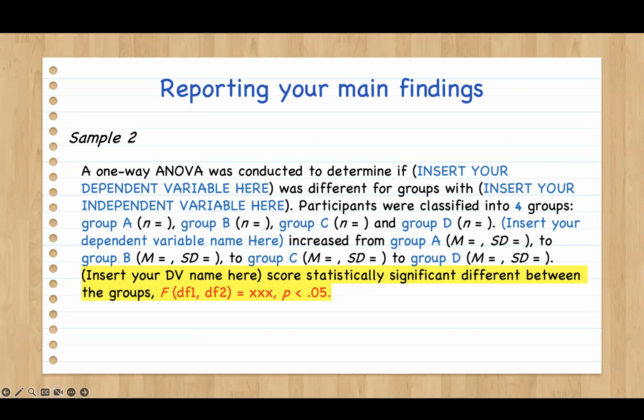This is the number you should remember, the p-value. So you report your dependent variable score here, which means there is a statistically significant difference between the groups because the p-value is smaller than 0.05.